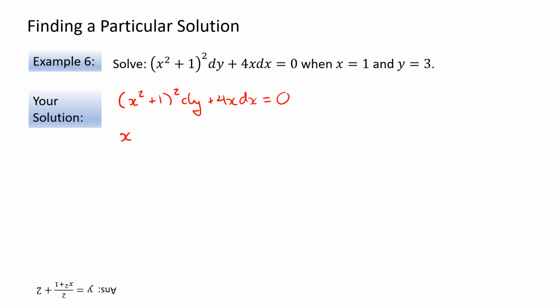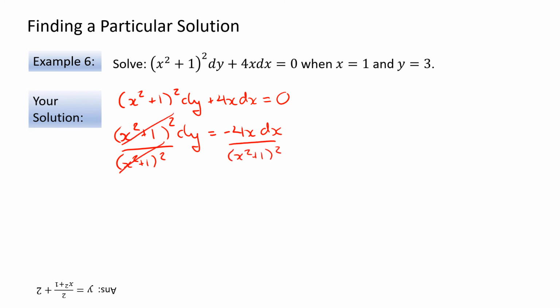So we end up with x squared plus 1 squared dy is equal to negative 4x times dx. So now, to just have dy on the left-hand side, I have to move the x squared plus 1 squared term to the other side. I do that by dividing both sides by that term.